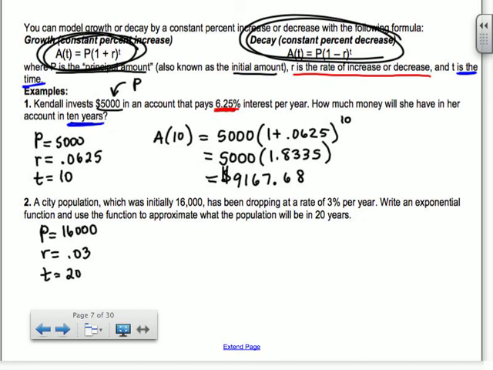So my amount after 20 years, I started with 16,000, I have 1 minus 0.03, raised to the 20. Notice how the 1 minus 0.03 is 0.97. That means each year you have 97% of what you had the year before. Each time you're multiplying by 0.97. I'm going to raise it to 20.